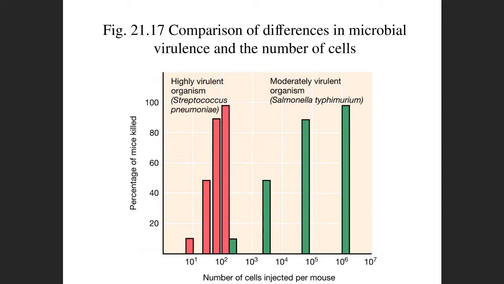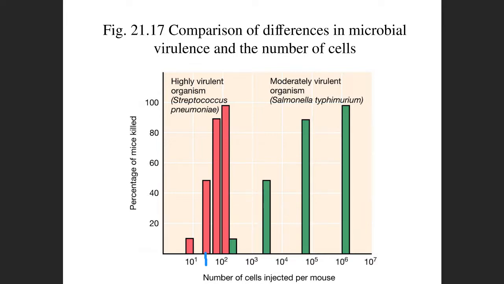So if you look at this, if you inject, say, 50 Streptococcus pneumoniae into a mouse, and you do that for 10 different mice, 50% of them will get killed.